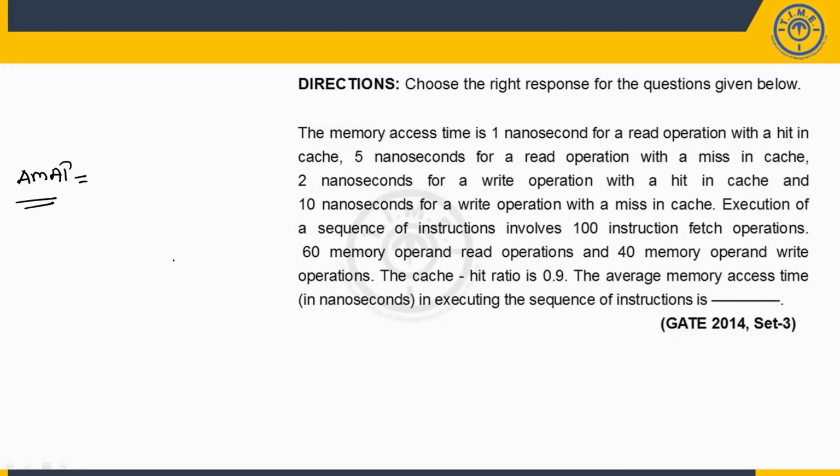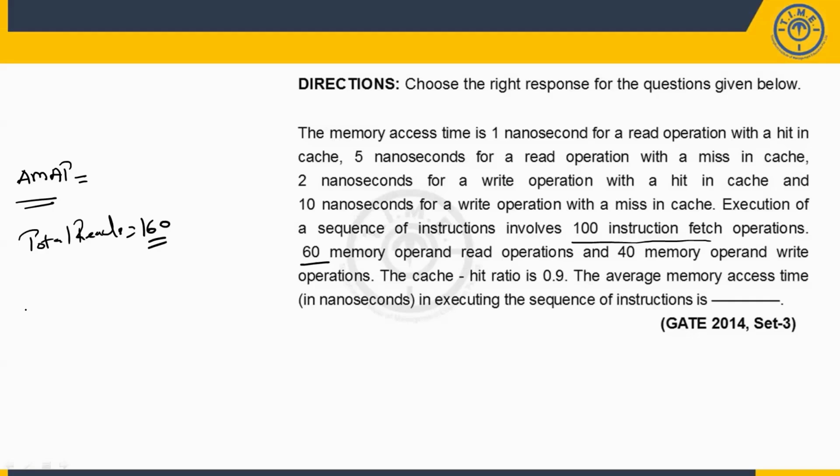Total number of read operations is equal to 160, because there are 100 instruction fetches which also come under read operations, and 60 data reads. Keep it aside. Total writes is equal to 40, on the other hand.